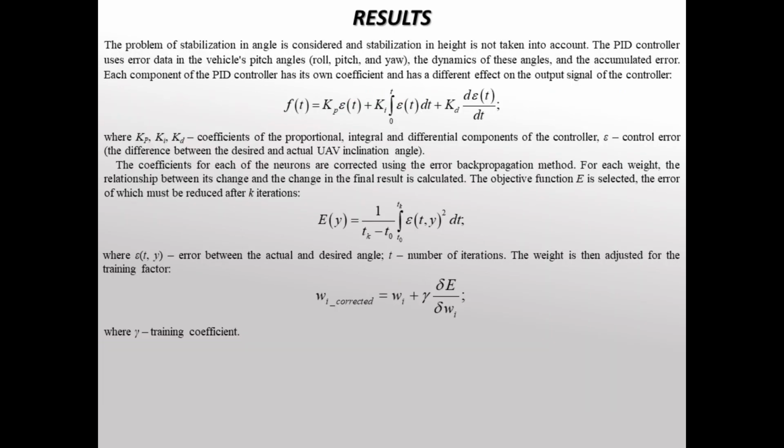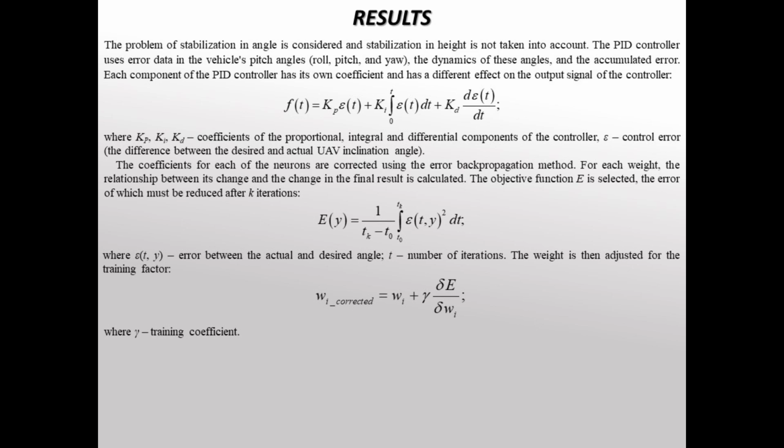The problem of stabilization in angle is considered and stabilization in height is not taken into account. The pitch controller used error data in the vehicle's angles, roll, pitch, and yaw, the dynamics of these angles, and the accumulated error.